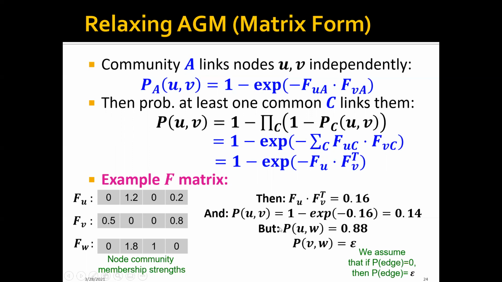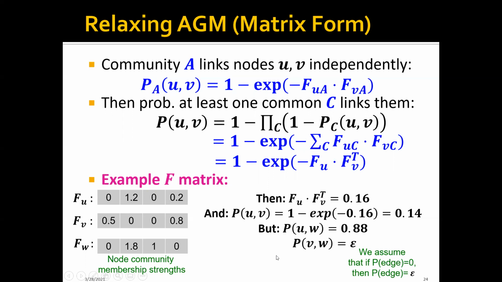Similarly, we can compute the probability that node u and node w are connected, and the number is 0.88. Looking at this F matrix, the reason they have such a high probability is that nodes u and w both belong to the 2nd community, and the strengths are quite large.